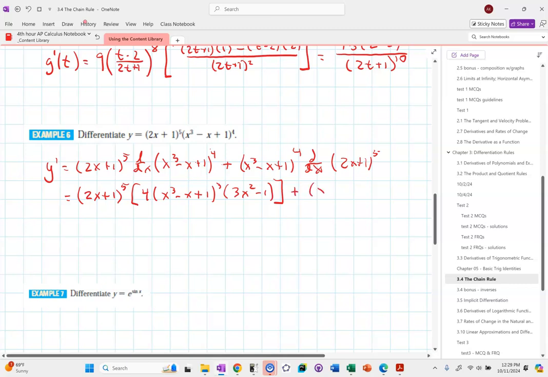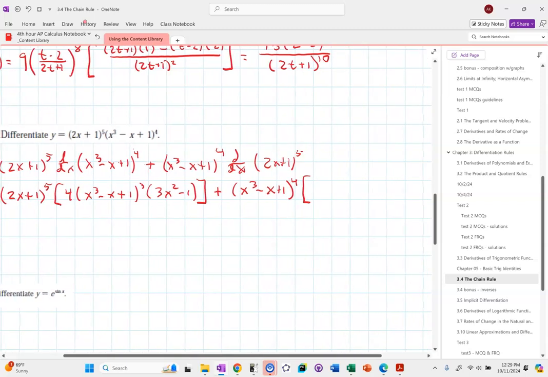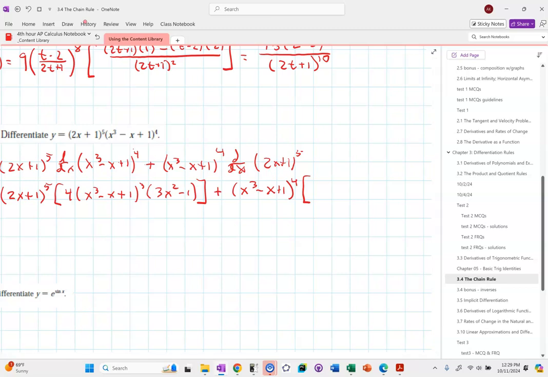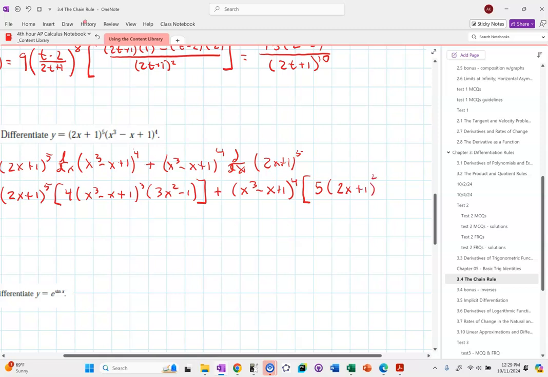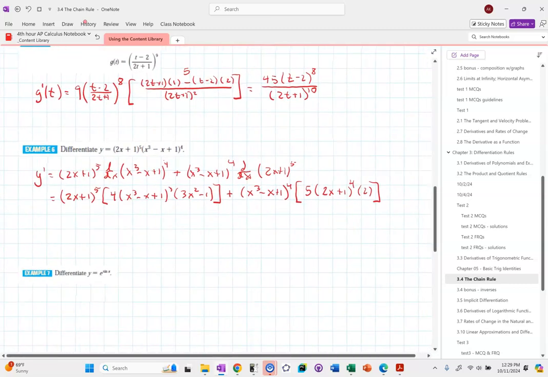And then we have our next chunk. And then to do the derivative of 2x plus 1 to the 5th requires another chain rule. What will that be? Two, correct. Everybody feel good?